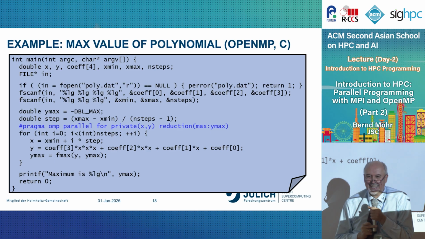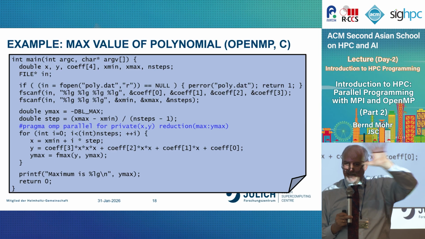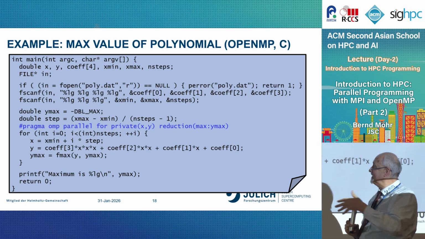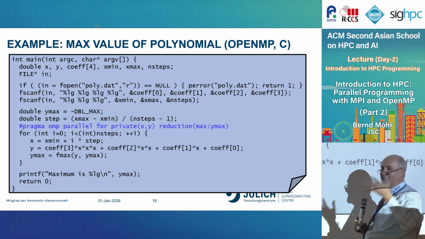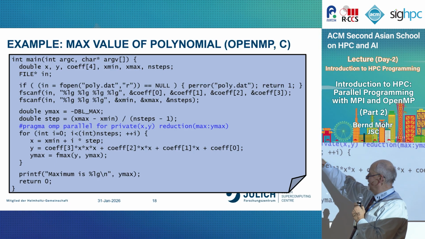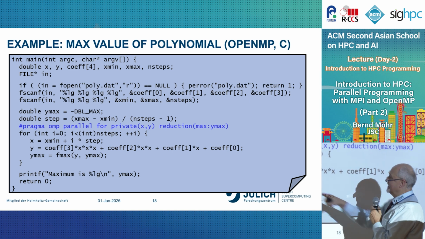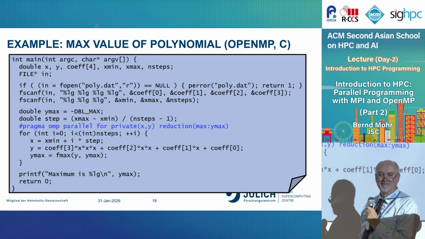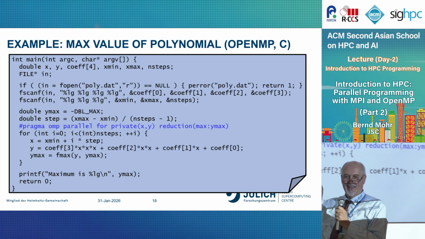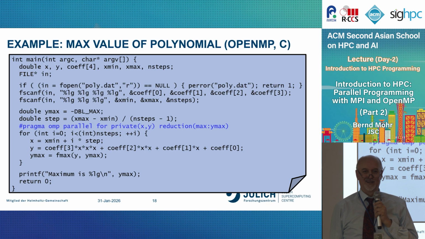And then you're done. So in MPI, we had to write lots of functions. And here I'm just adding a comment, and I say, okay, we should be parallel. This should split up the loop to different threads, and this variable should be reduced. And you make one comment, and your program runs in parallel.